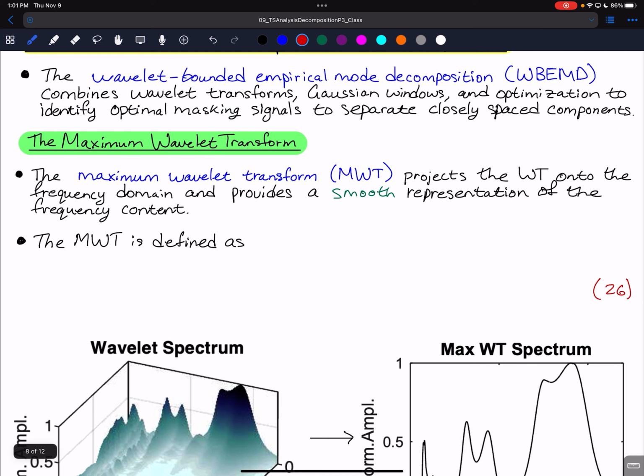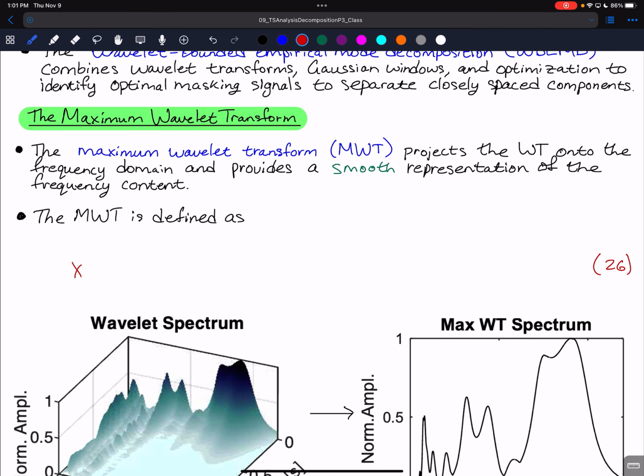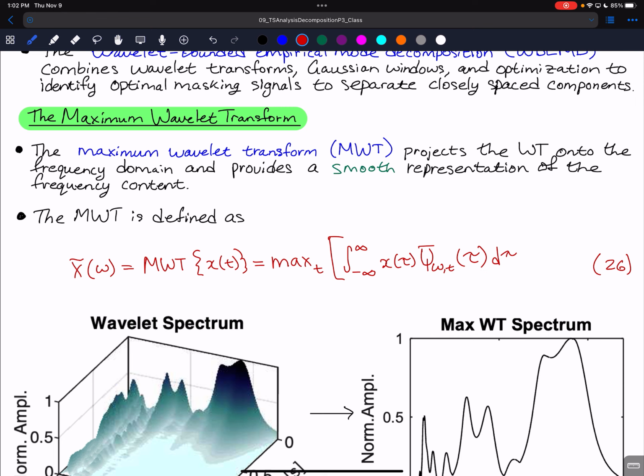Okay, so the maximum wavelet transform is simply going to be defined as, we'll use x tilde of omega, equal to MWT applied to a signal x of t, which is then equal to the maximum value across time of the integral from minus infinity to infinity of x of tau times psi bar sub omega t, that's our mother wavelet function, d tau.